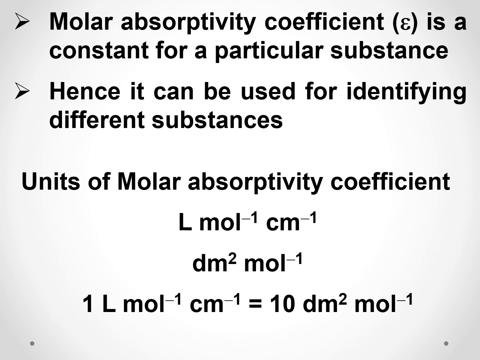So that is molar absorptivity coefficient epsilon. It is a constant. For a particular compound like potassium permanganate, it has a fixed value, and another compound like copper sulfate has another fixed value. So using that, we can identify what the substance is.